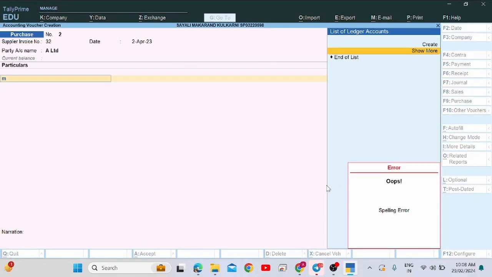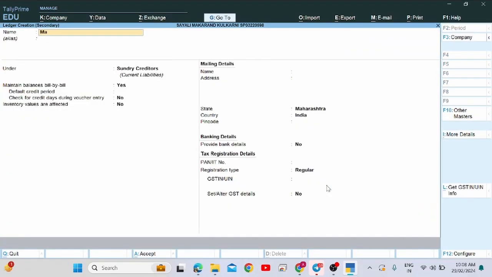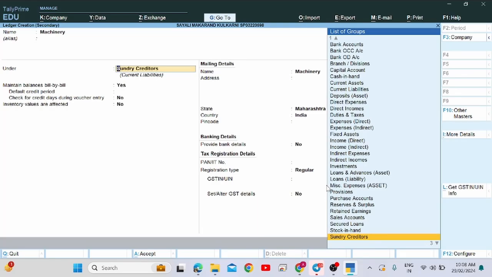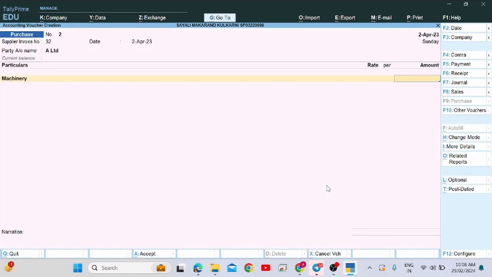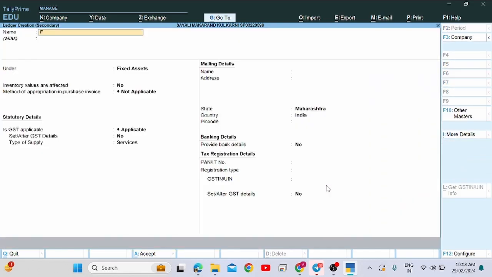Try to type machinery, you will not get machinery. Create then machinery. Machinery is part of your fixed assets. Enter, fixed assets, enter, enter, enter, accept it. And then the amount of machinery, 50,000, say 50,000. And then furniture, I don't have furniture.